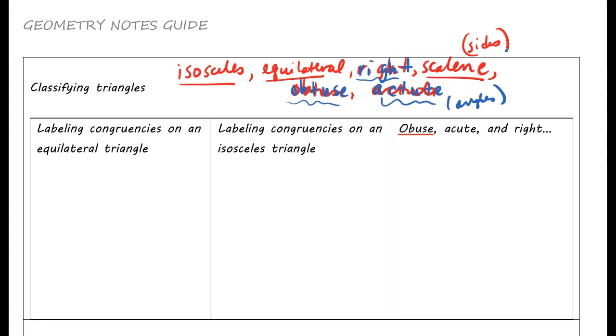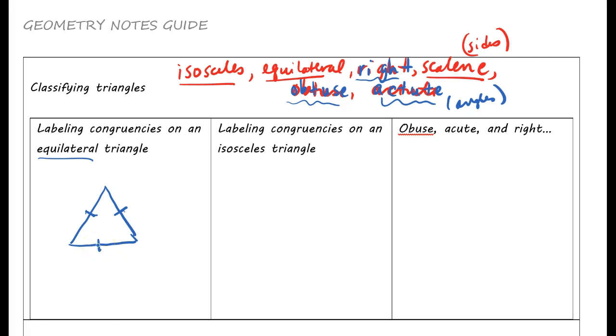Now here I put equilateral triangle because most people remember that equilateral means that all the sides are the same. So even if you're not good at drawing a triangle with all the sides the same, you might just draw a triangle and do this. Anytime you draw one line through all three of these, it means that they're the same.